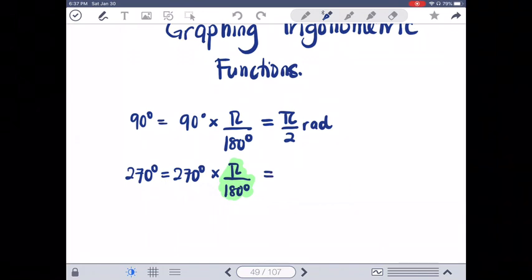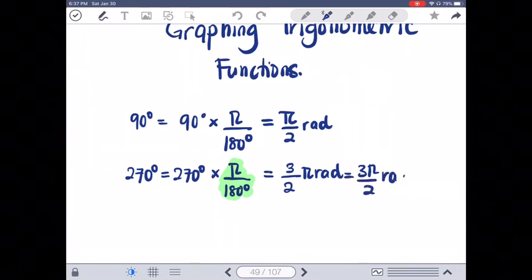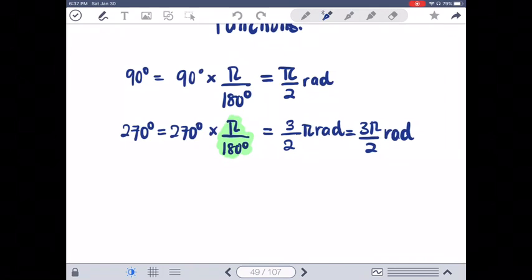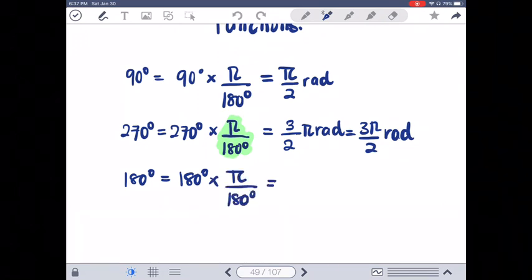This is just equal to 3 over 2 pi radian, or 3 pi over 2 radian. Okay. One more example. 180 degrees is just equal to 180 times pi over 180 degrees.